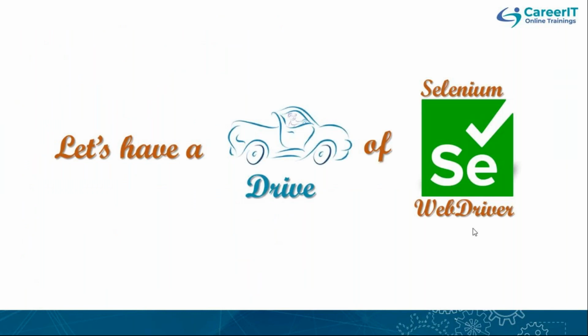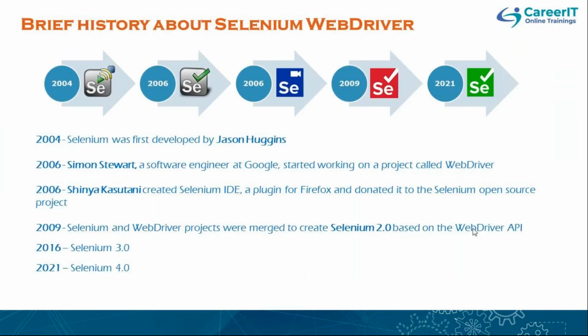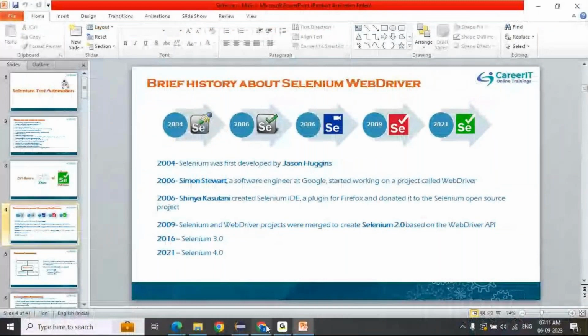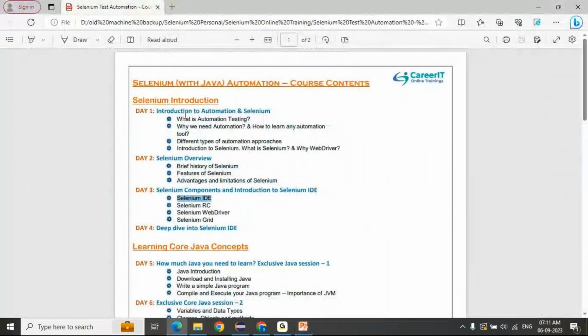Before directly going into history and all those things, I think some people might have not joined our demo session. So let me quickly recap some concepts as part of this. If you see, what is automation testing, why do we need automation testing, different types of automation approaches, this we will quickly see. This is the new part we are going to discuss, and some introduction about Selenium also.